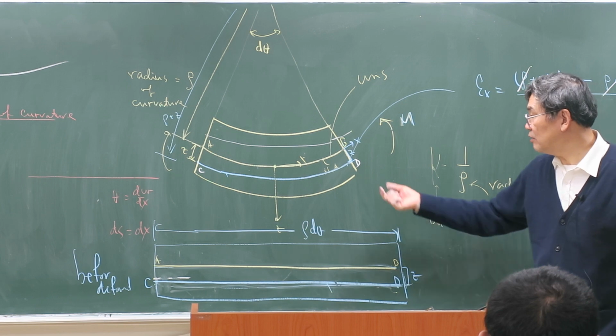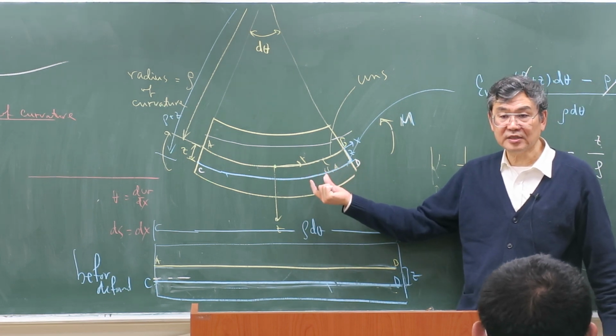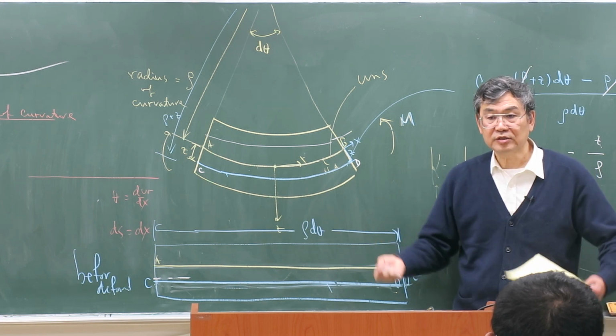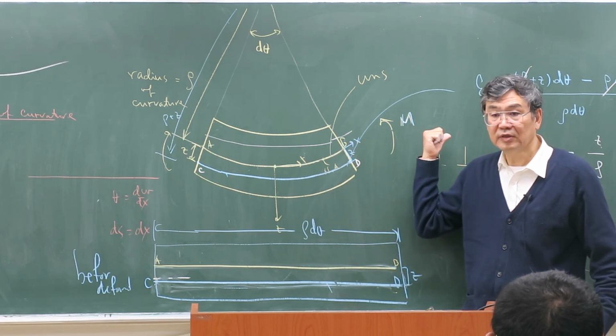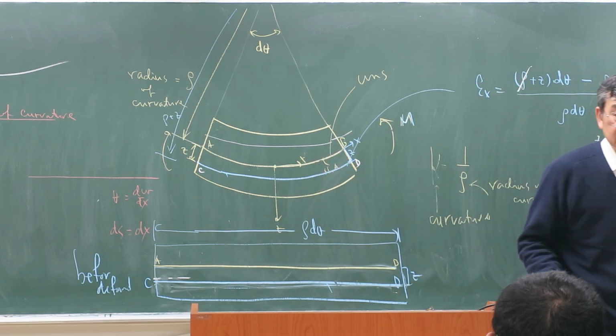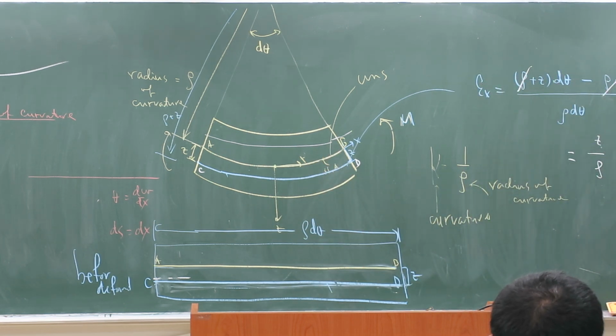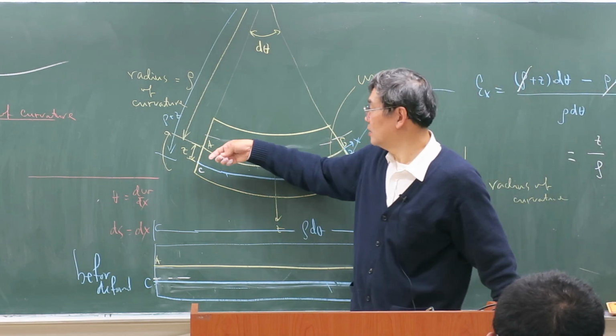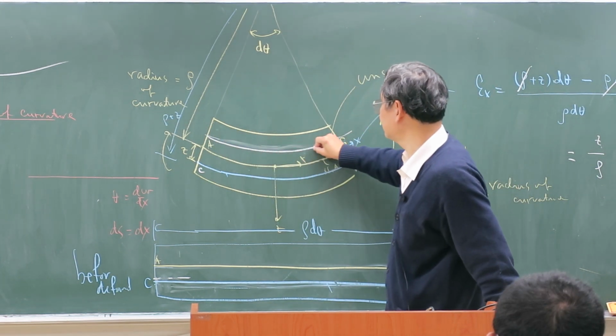So when you derive the equation, always use positive quantities. When you calculate with a negative z value, you get a compression strain, even for this positive curvature. So the fiber on the upper side here will have a compression strain.